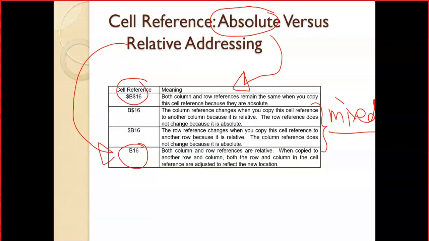Therefore, you can conclude that if you're moving up and down, you should be locking the number. Now, when you are formula pasting a cell, it's either that you're pasting it up and down or you're pasting it left and right.